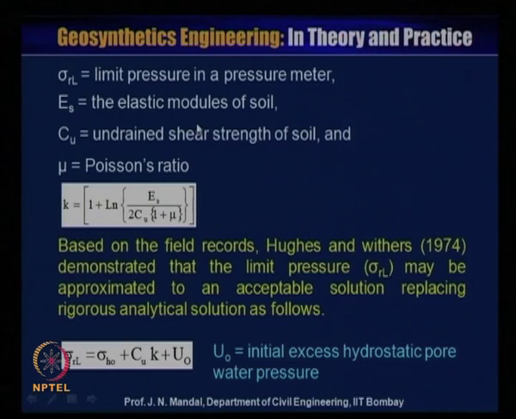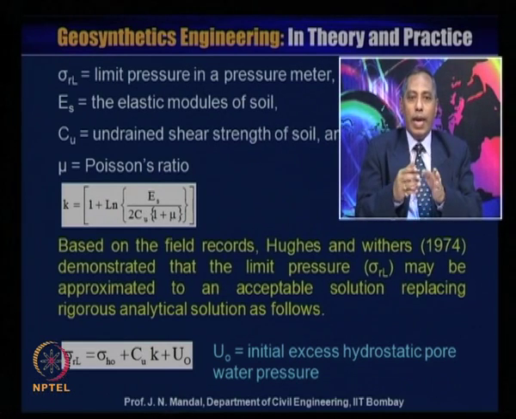Now, sigma RL is the limit pressure in a pressure meter, Es is the elastic modulus of soil, Cu is the undrained shear strength of the soil, mu is Poisson's ratio, and K is equal to 1 plus ln of Es divided by 2 into Cu into 1 plus mu.